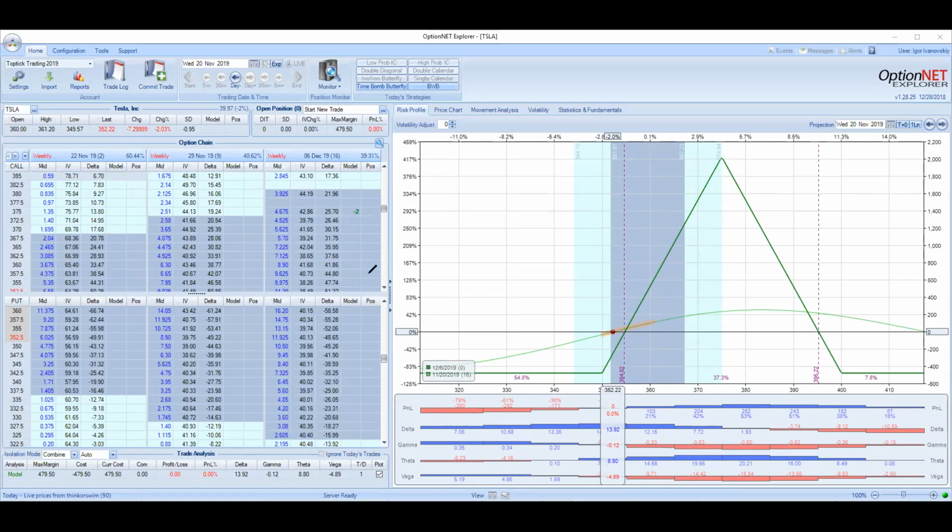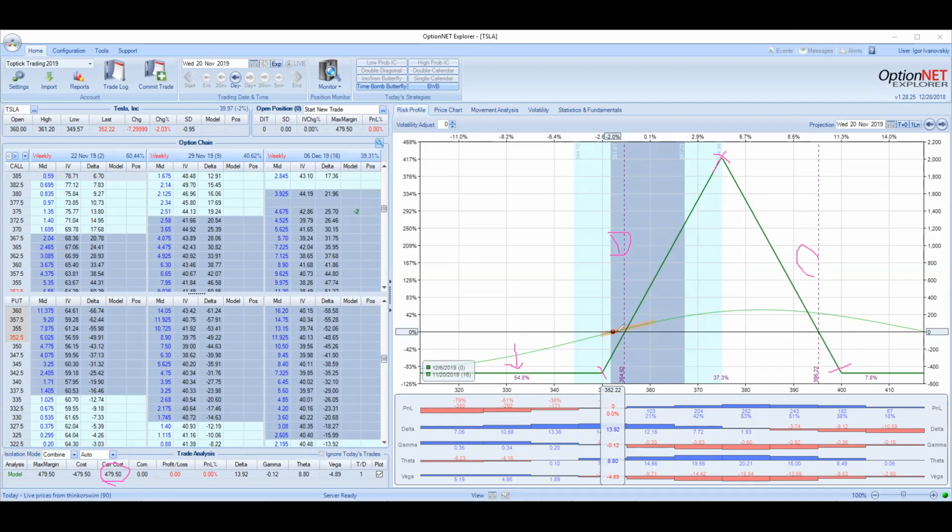So we have a long 350, 375. This is a debit spread. And then we have a 375, 400 credit spread. Now this trade is currently going for about 480. And that's my risk in this trade.